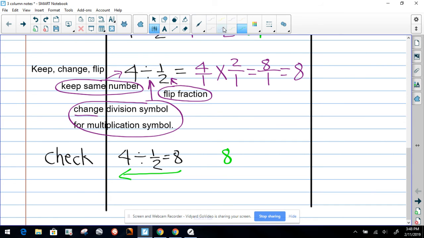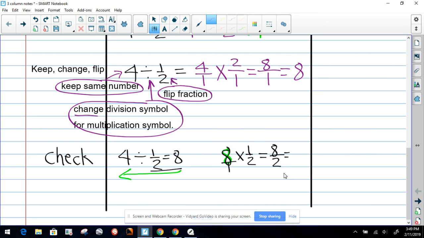8 times, so I'm going backwards right here, right? Wait, sorry. 8 times 1/2. I need to make sure I'm doing this right. This is 1/2. When you have this, again, you give the whole number a 1, you multiply across. 8 times 1 equals 8, and 1 times 2 equals 2.